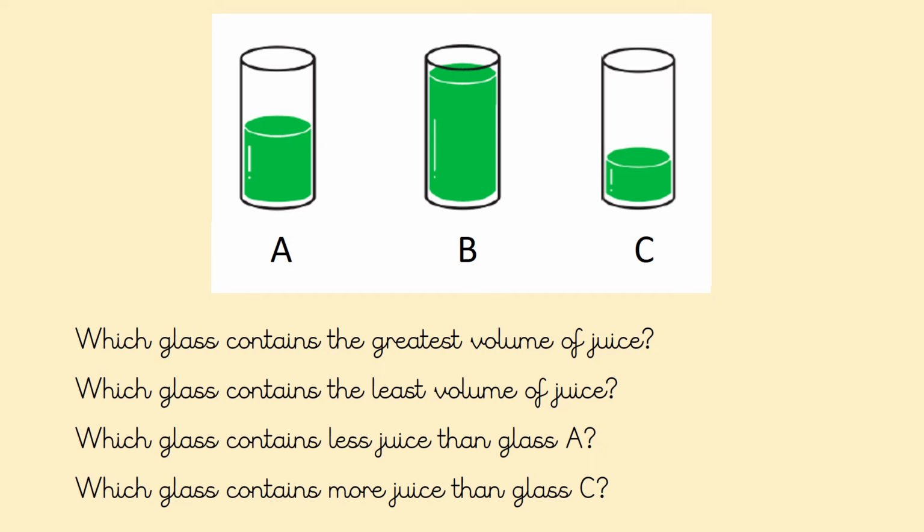Which glass contains the least volume of juice? Which glass contains less juice than glass A, and which glass contains more juice than glass C? Now, I'm going to go through the answers and explain them on the next slide. If you're feeling really confident with volume so far, you could pause the video and challenge yourself to have a go at these questions with your partner.